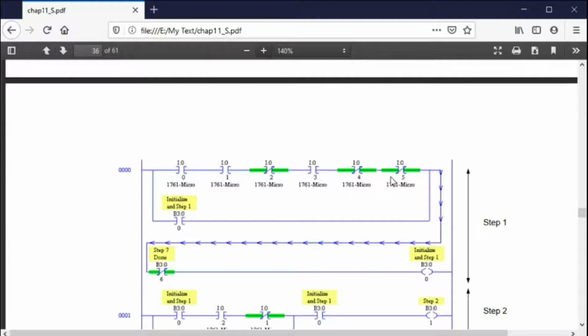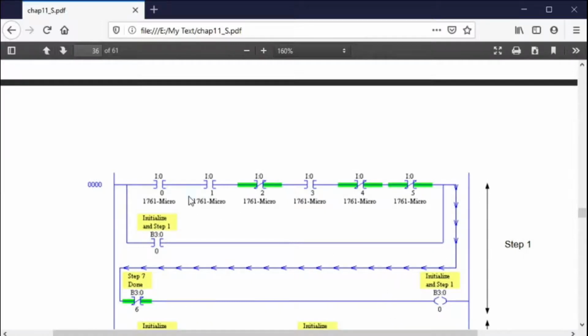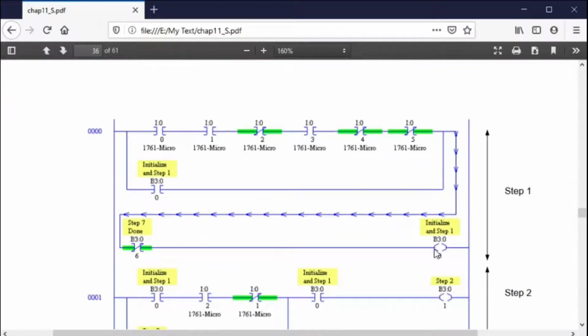Okay. Well, they're basically written based on the following. You start with what we call a permissive string to get you started, and then when that goes, you push the start button, initialize right here, and excuse me, this is the button you'd press to start, and then you would set this coil. Then you do the first step.